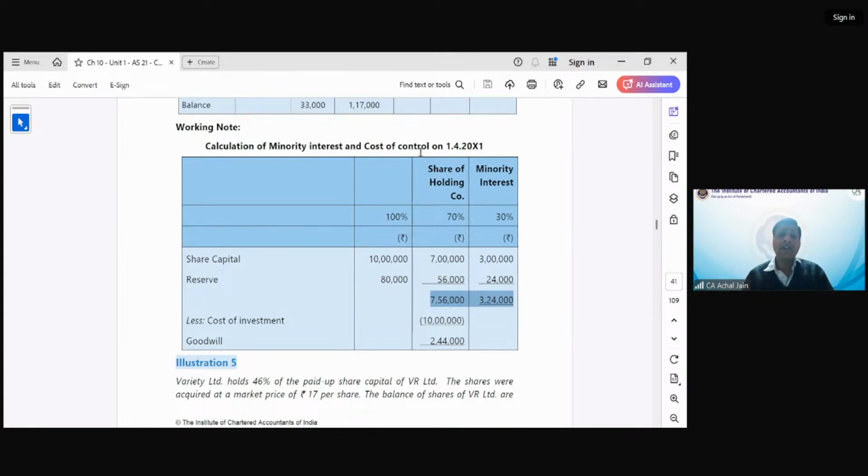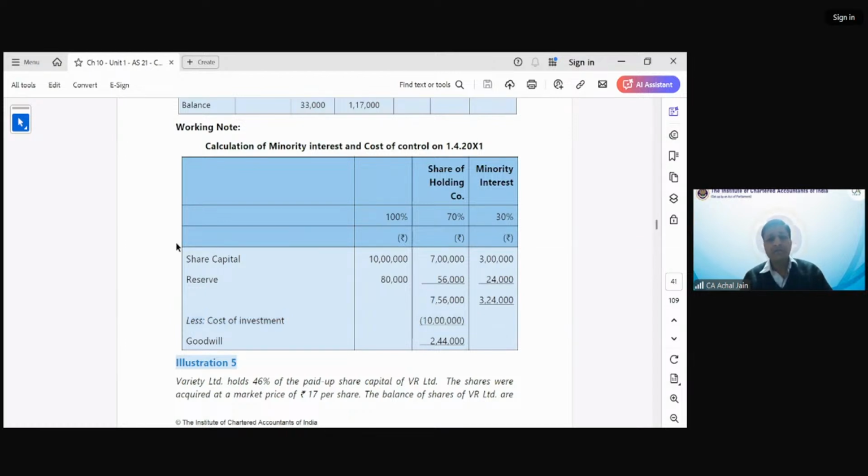And on the date of acquisition, I think Nitin has shared the calculation very well. On the date of acquisition, you will also compute the amount of goodwill or capital reserve. So in this case, purchase consideration is higher than the amount of net assets. So that's why what do you get?